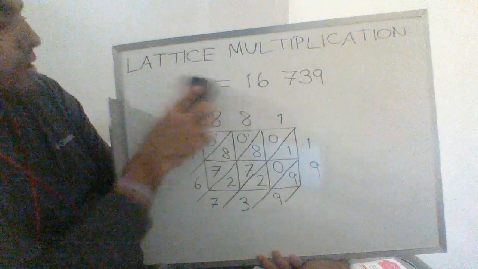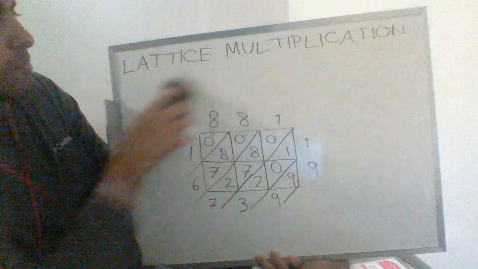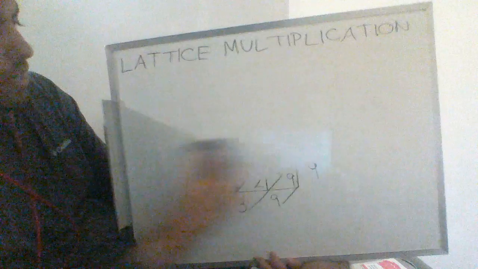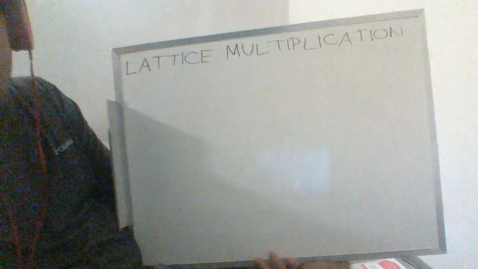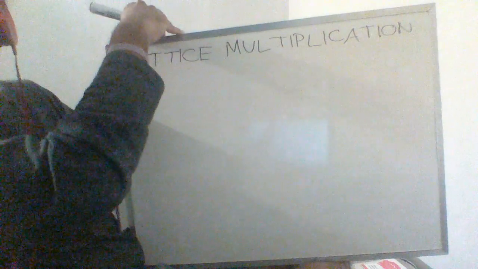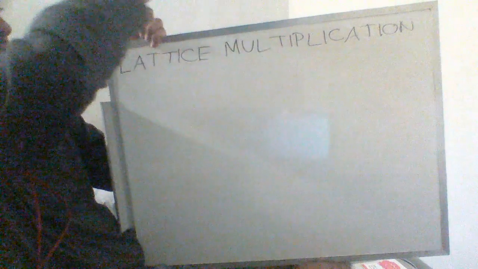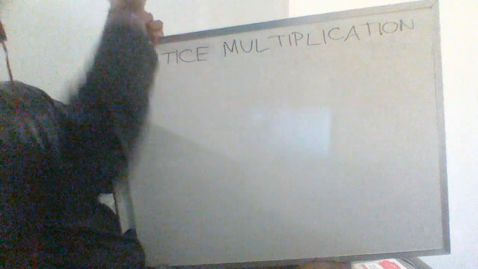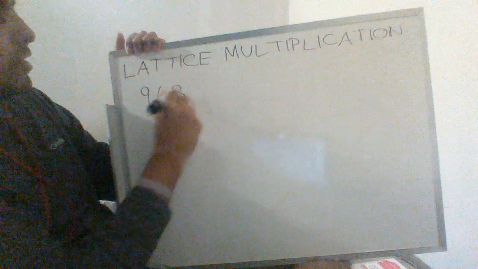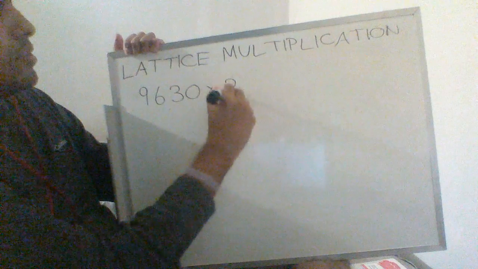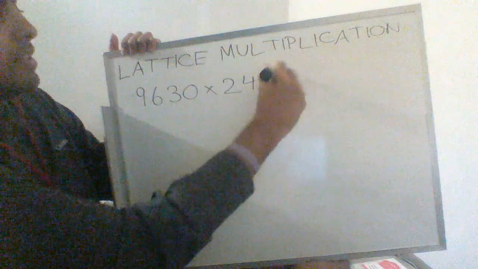So the last one we're going to do is slightly longer, in the sense that we're doing a 4-digit number by a 4-digit number, so the box is going to be quite large. So the numbers are 9,630 times 2,468.